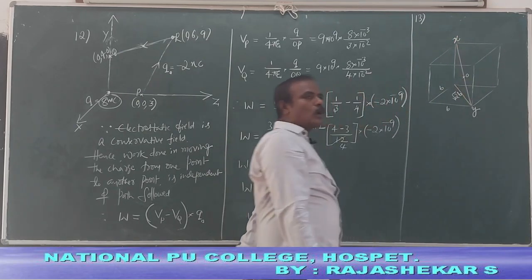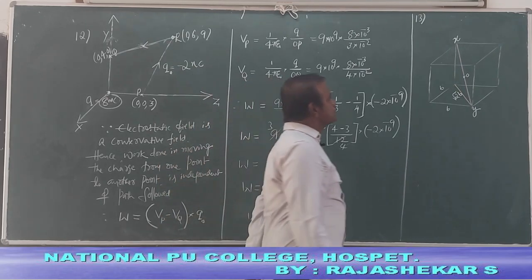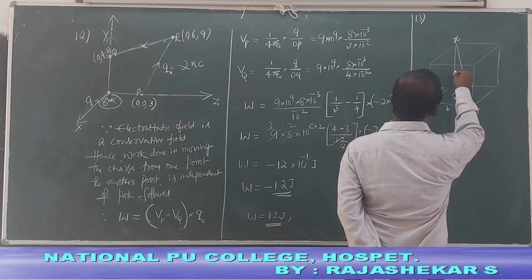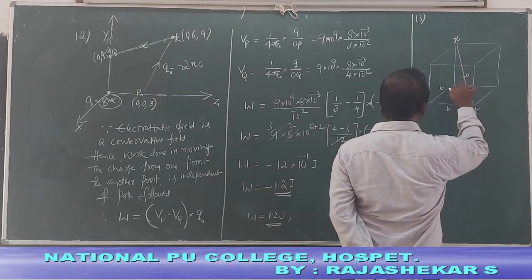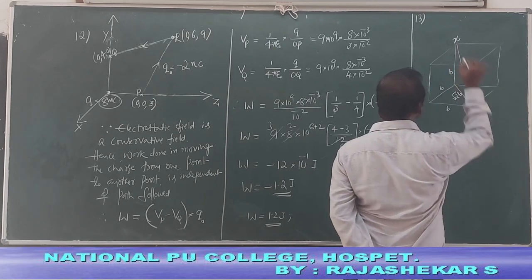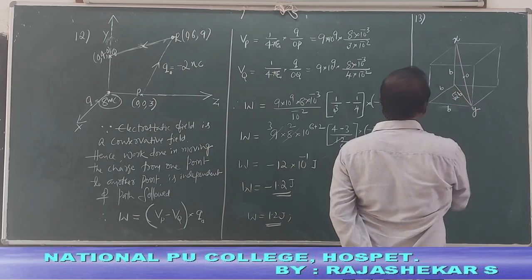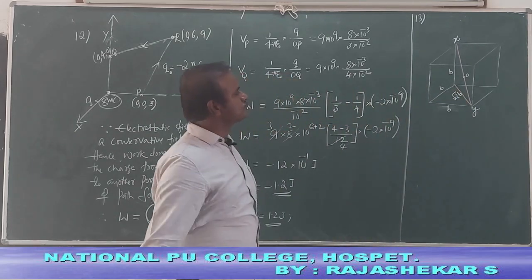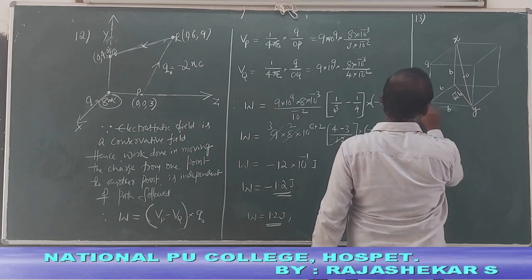The two corners on the diagonally opposite ends of the cube. And this is also B. Like this. And there are charges at every corner.